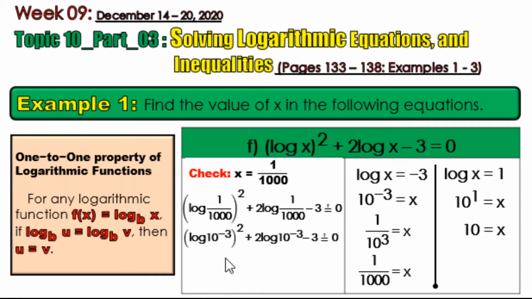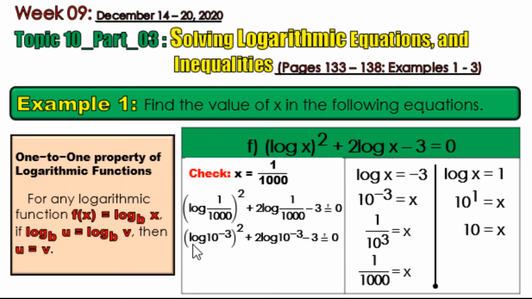The 1 over 1000 can be expressed as 1 over 10 cubed, and since the base is 10, we express it as 10 raised to negative 3. Again, 1 over 1000 is equal to 10 raised to negative 3, so we have negative 3.